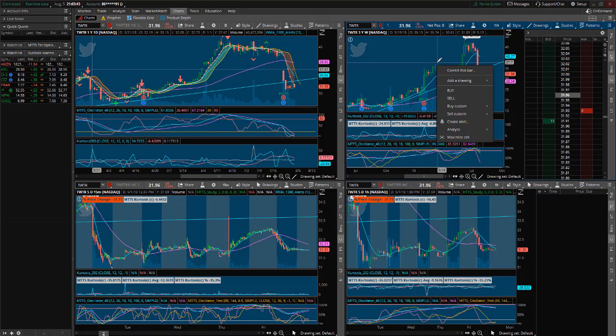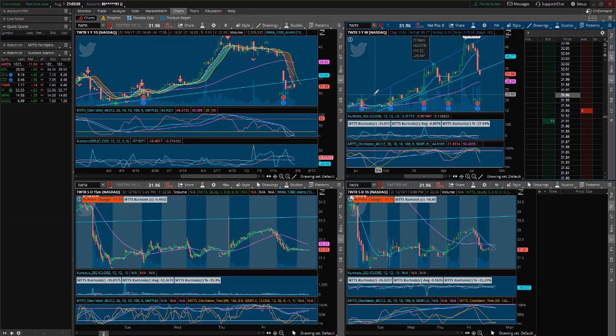However, the head and shoulders pattern doesn't have to be on a straight line. It could be angled, and I'll show you where, right here, right? Actually, no, not that one.